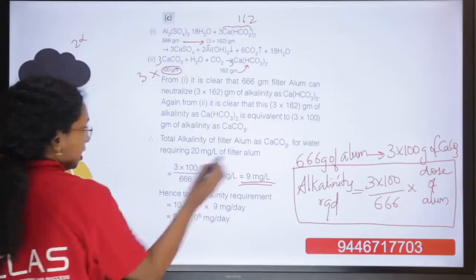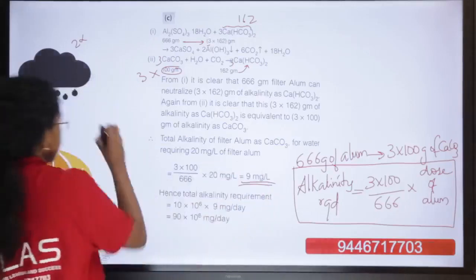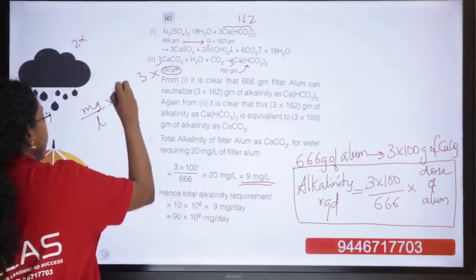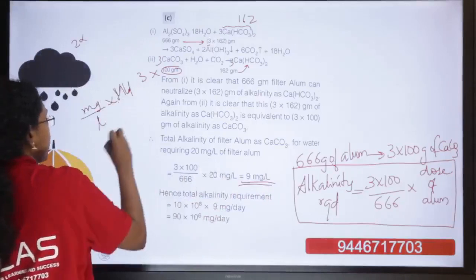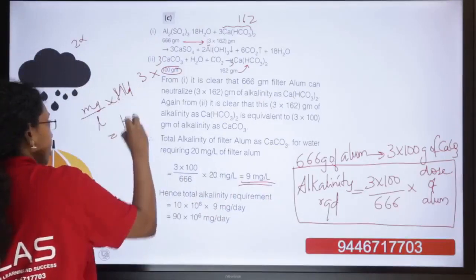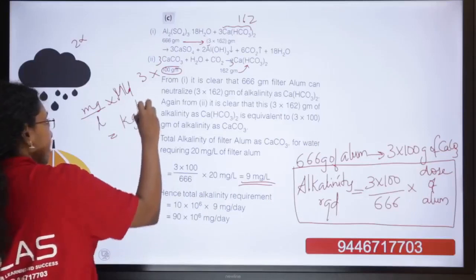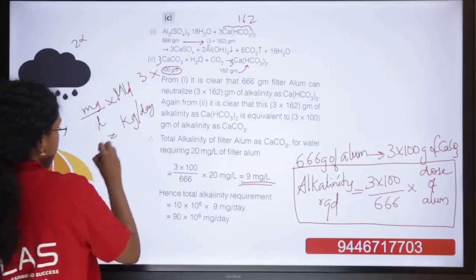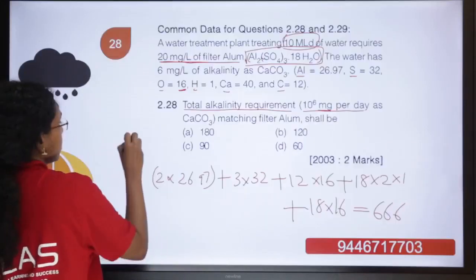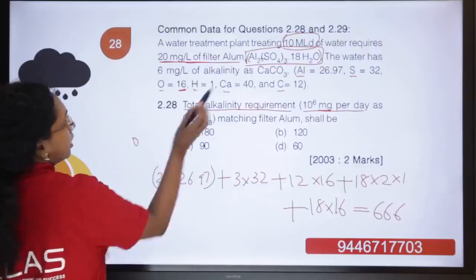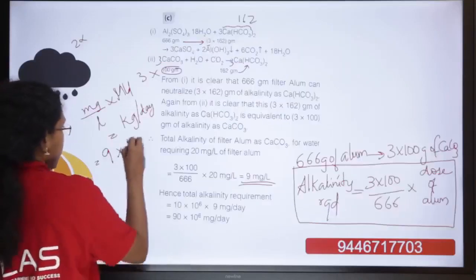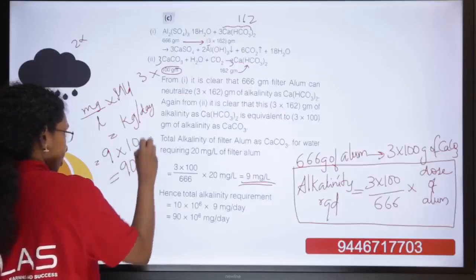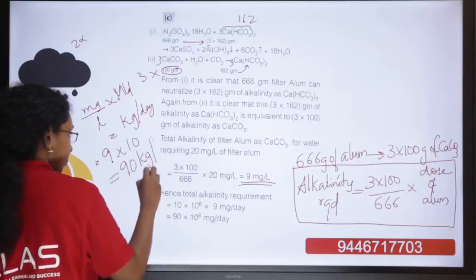So for 10 MLD, as I have told earlier, milligram per liter multiplied by MLD, you will get the answer directly in kilogram per day. So here 9 milligram per liter into 10 MLD, you will get 90 kilogram per day.